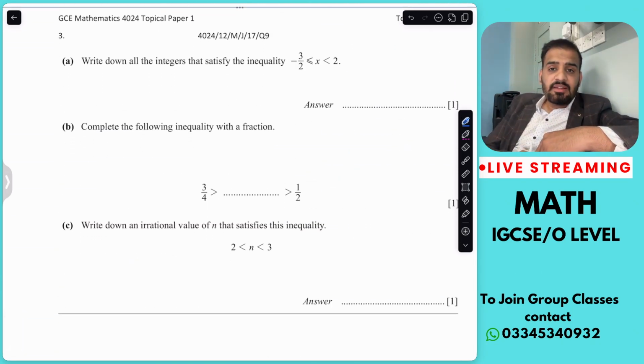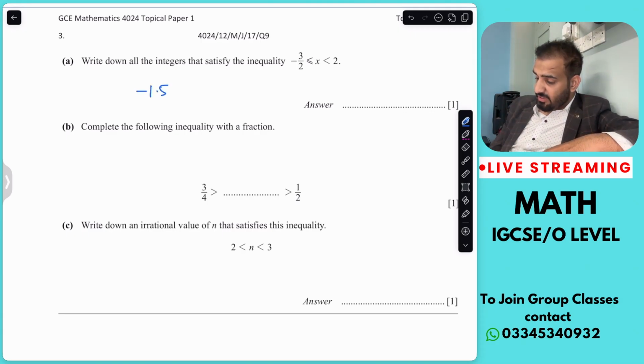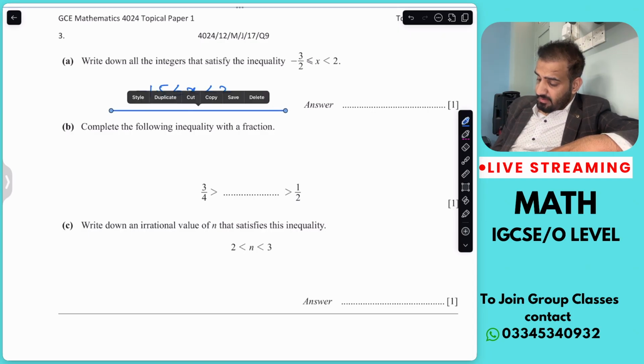Write down all the integers that satisfies this inequality. तो ये हमने ऐसे questions बहुत ज़्यादा किए थे. It is minus 1.5 less than or equal to x less than 2. So you can see a real line. You can draw a real line, minus 1.5. This is 2.